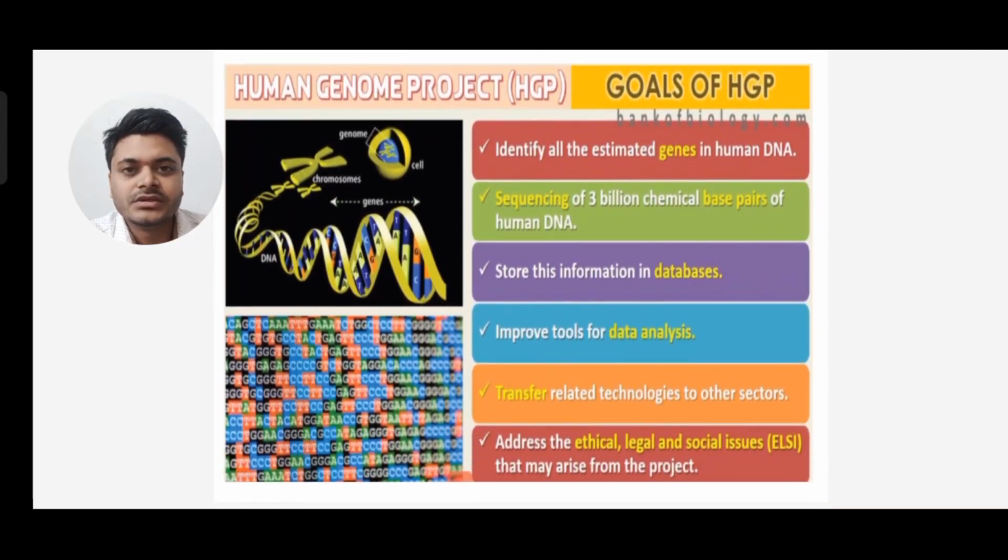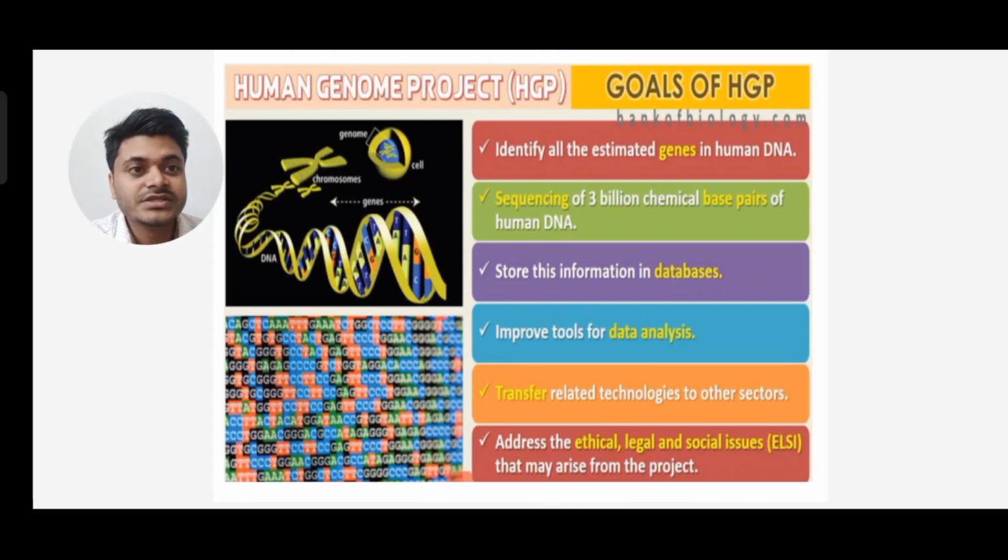Now let's see the goals of the Human Genome Project. The first one is to identify all the estimated genes in human DNA, that is, how many genes are there.